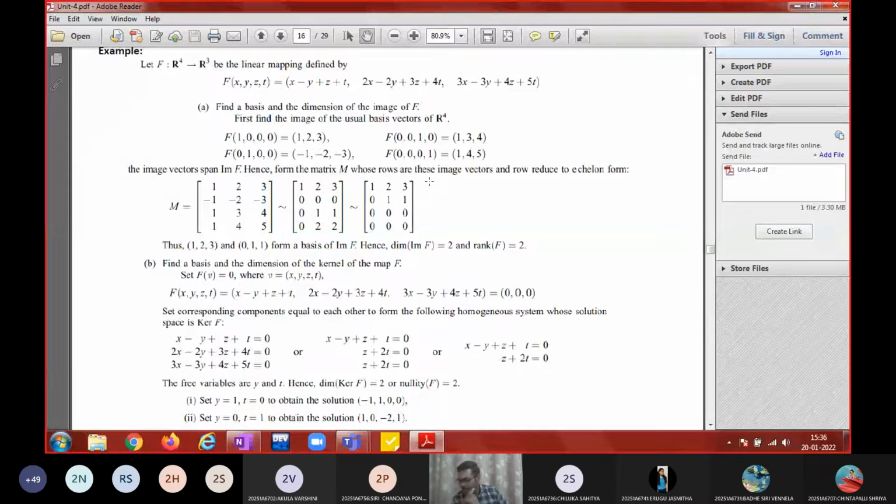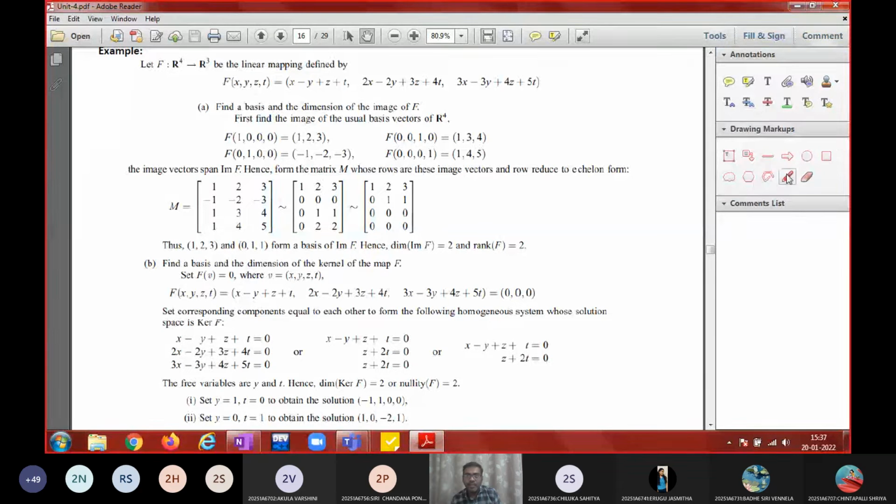Now, can you tell me what will be the dimension of the null space? You can use the rank-nullity theorem, no? According to that, what will be the nullity? From this, we are able to identify that r equals the number of non-zero rows, which is 2.